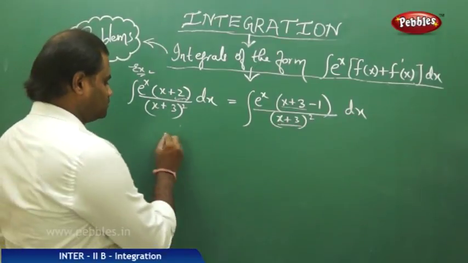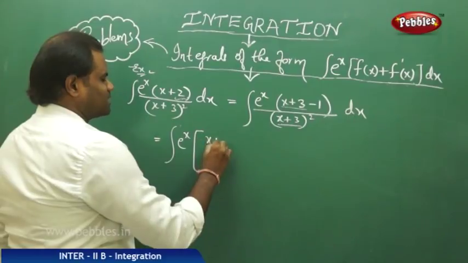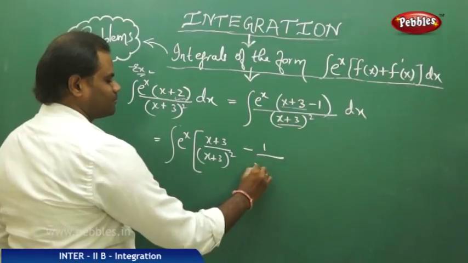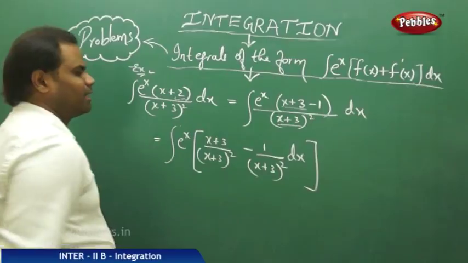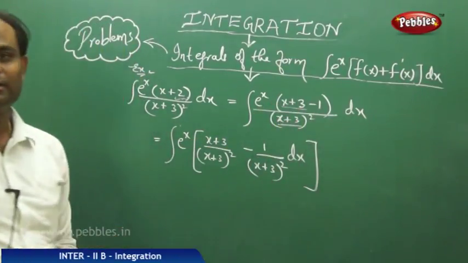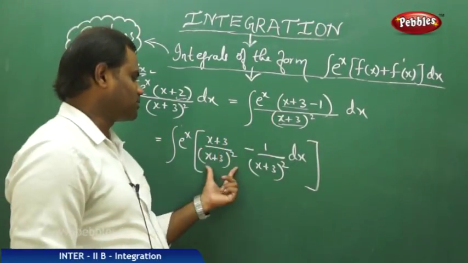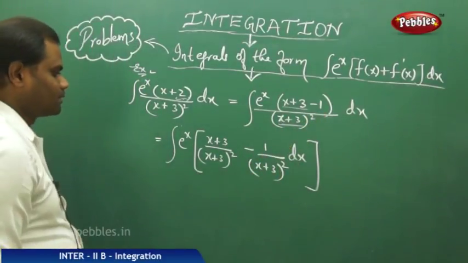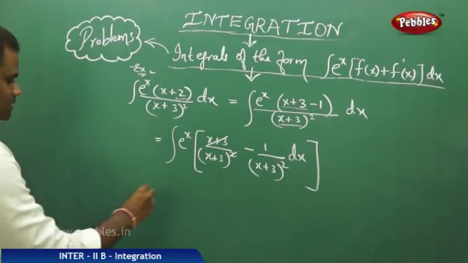So this can be split as x plus 3 by x plus 3 whole square minus 1 by x plus 3 whole square. Now clearly I see that one of x plus 3 gets cancelled.